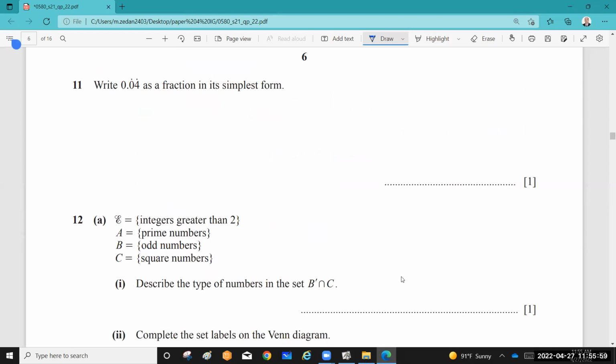It's actually 4 over 99. You can see the video where I convert the recurring decimal to a fraction; I can do it quickly for you here. x equals 0.040404 until infinity. You have 2 digits recurring, so you need to multiply by 100. So 100x is 4.0404 without end.